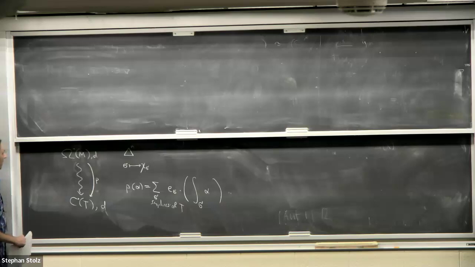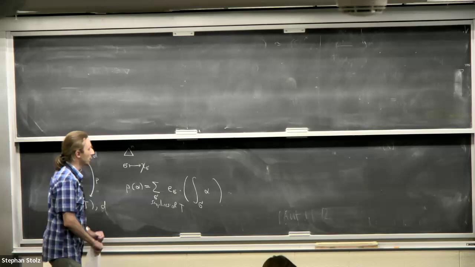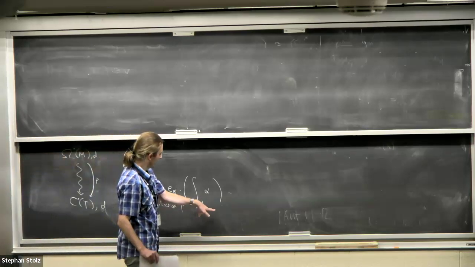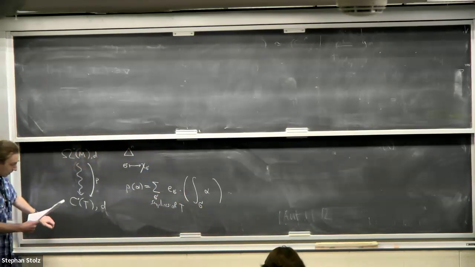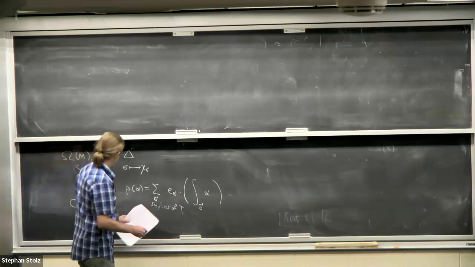My simplices should be oriented. I just randomly choose orientations of simplices to make sense of that. If I change the orientation, then this object changes sign and this object also changes sign.